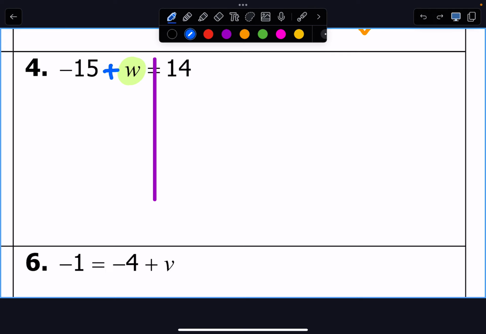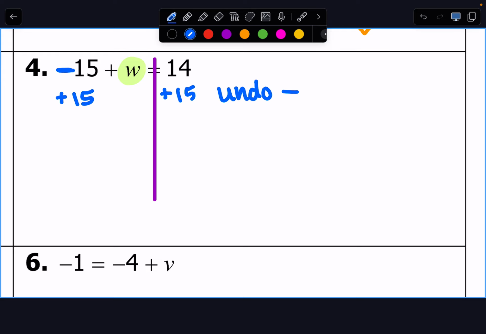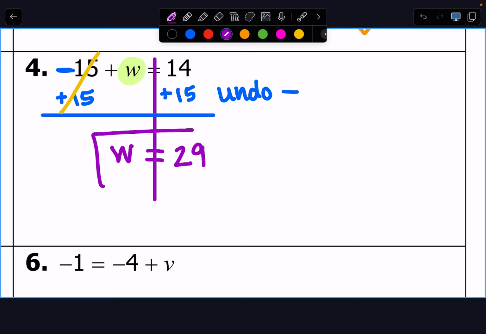Since there is this guy right here with the 15, we actually need to undo the subtraction because this is a subtract 15. So we're really going to have to add 15 to both sides so that negative 15 plus 15, now those cancel. And we have W equals 29.